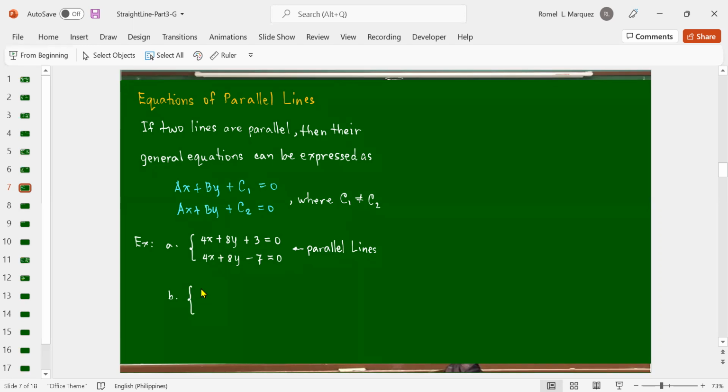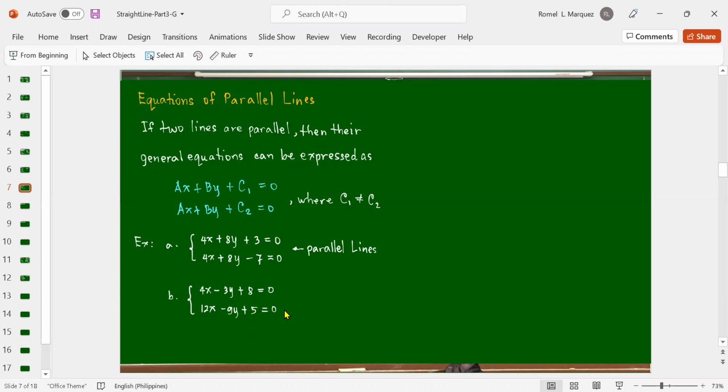So for instance, if I have this and then I have this, notice that they don't have the same coefficients at this point in time, but you can make the coefficients of x and y the same by rewriting equation number what?